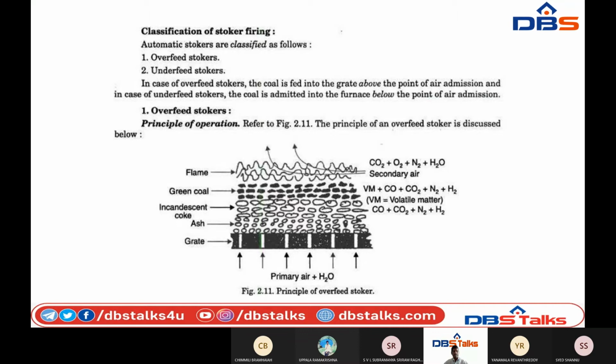Then it is heated and passed through ash, and the heat energy is taken from the ash content. After that, it passes further into the incandescent coke, where carbon is mixed with oxygen. Then carbon dioxide is produced, and CO is also produced at that point. Then again it passes through green coal, and the flame is produced automatically. This is the principle of the overfeed stoker.